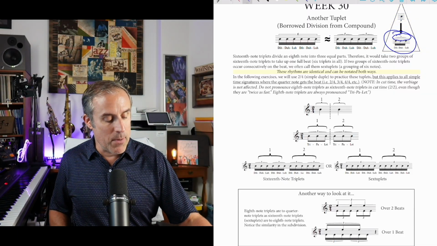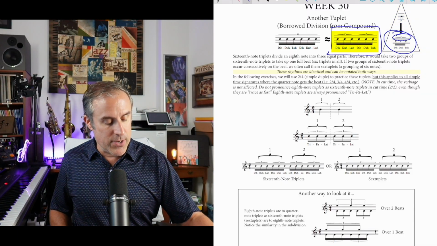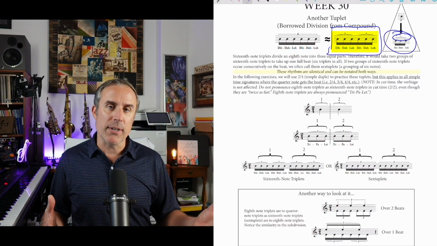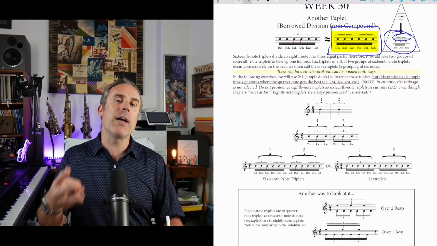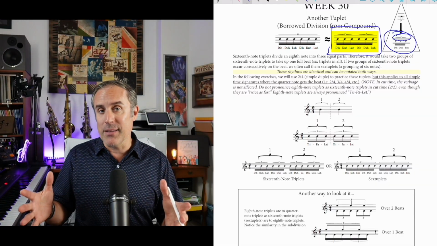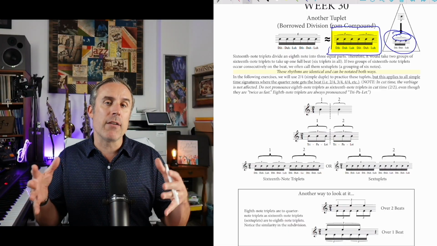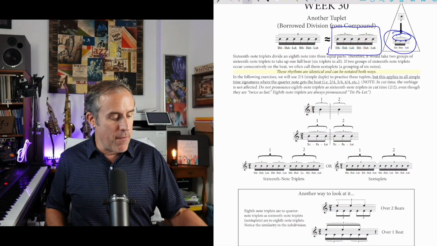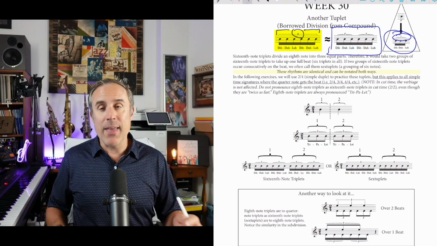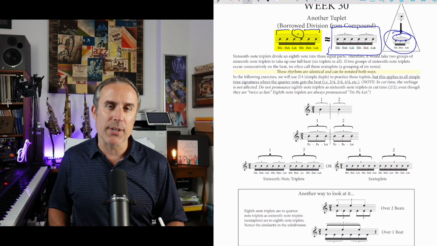And if you have an entire beat like this right here that I just boxed, then you would have 6 16th note triplets, one grouping of 3 followed by another grouping of 3. Now, when you take up an entire beat like that, some publishers, instead of putting a 3 and a 3, will prefer to use this 6 with a bracket here and just connect all 6 of those 16th notes.